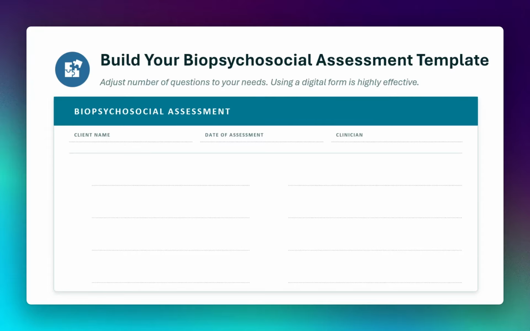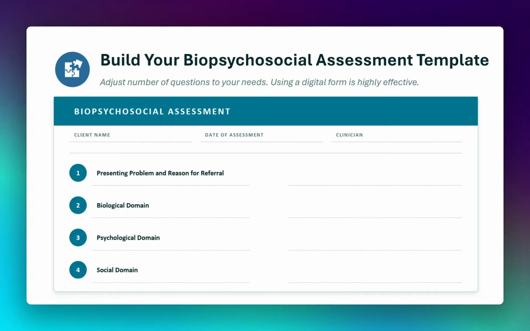A solid biopsychosocial assessment template has 8 sections. The presenting problem and reason for referral, the biological domain questions, the psychological domain questions, the social domain questions, and the spiritual domain questions. Then a dedicated strengths and protective factors section.